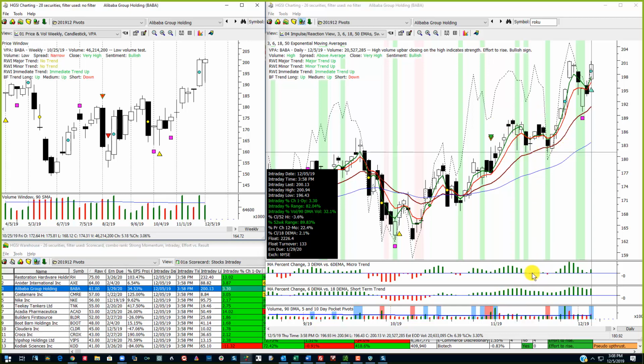You're going to see the 3 versus the 6 come down to near the 0 line or below the 0 line. But the 6 and the 18 versus the 18 has remained positive. So you're still in an uptrend, and you're looking for potential trades.